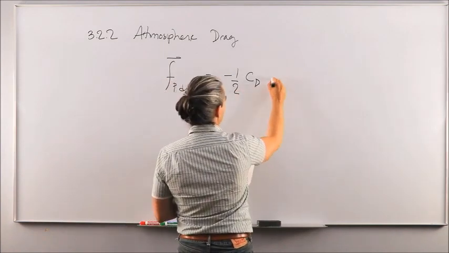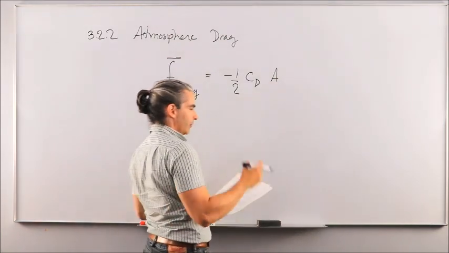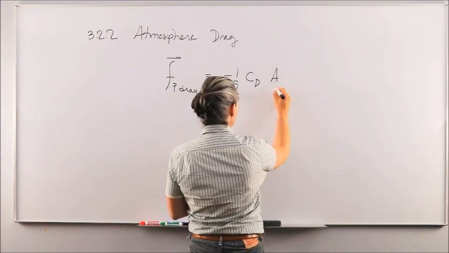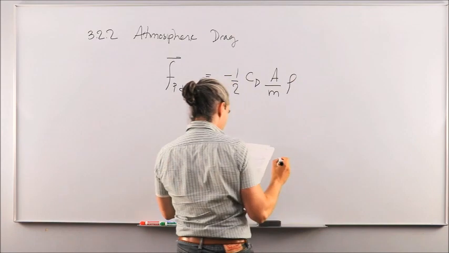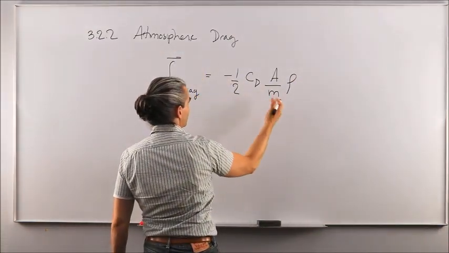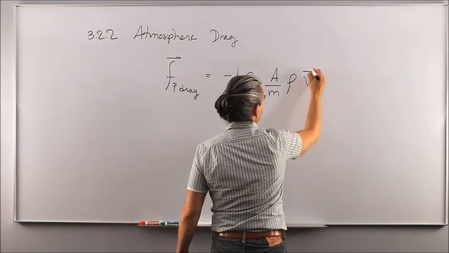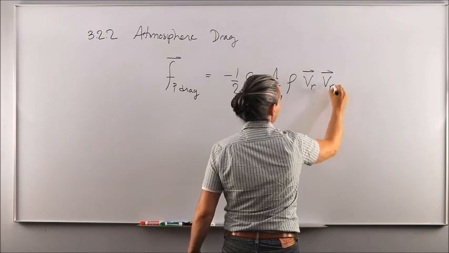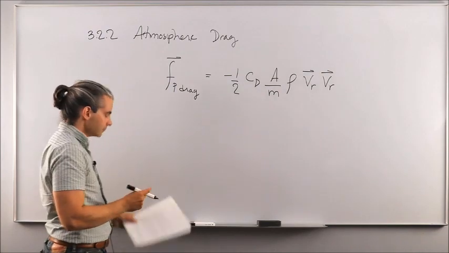So CD times the frontal area, which is facing the flow or facing the atmosphere, over the mass of the spacecraft, the atmospheric density of the Earth. And because this is a vector equation, you need a vector somewhere, yet those are all scalars. So the vector part comes from the relative velocity vector between the spacecraft and the atmosphere, okay?